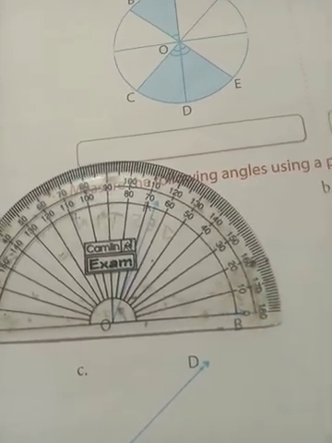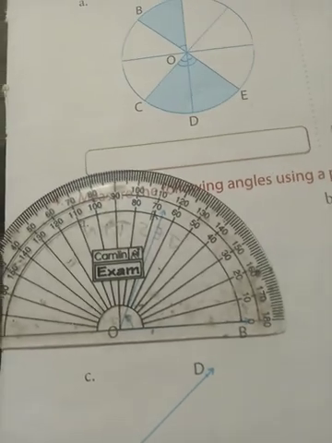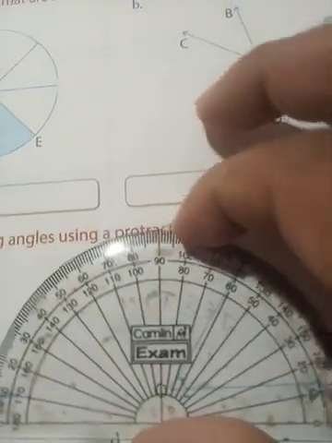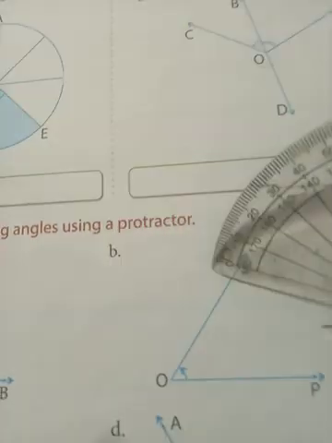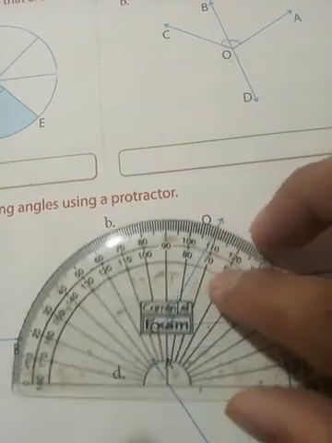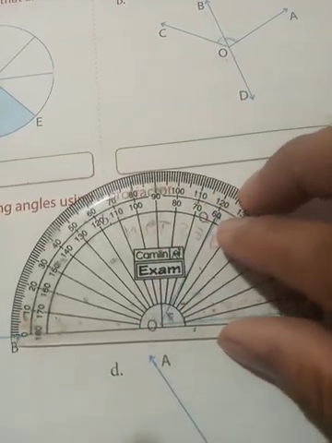Now take the next one, B. We have to measure B also. For that we have to place everything here, in the same way.